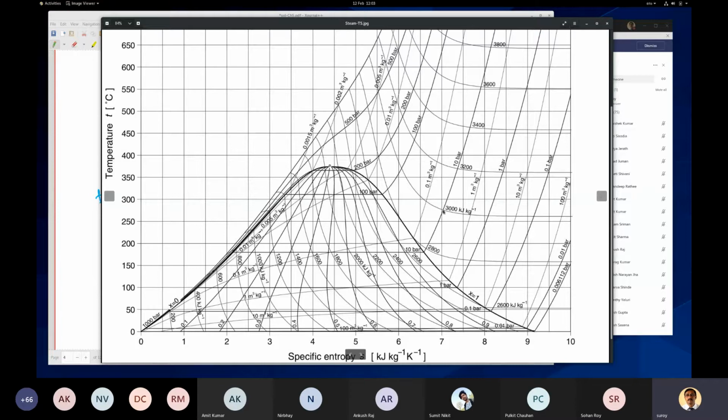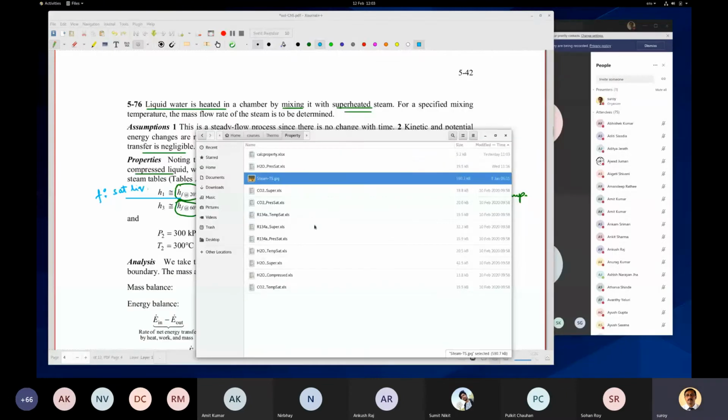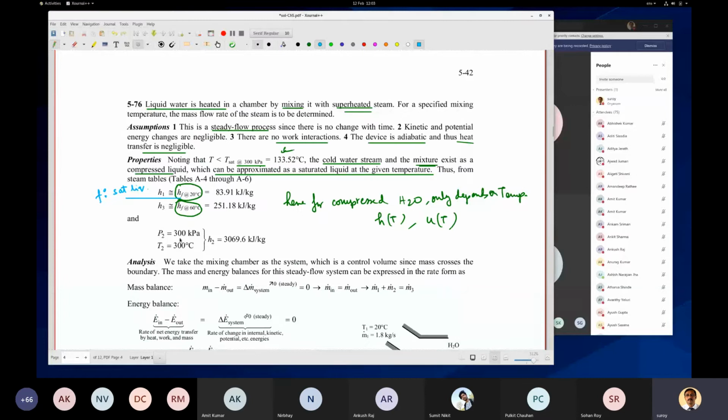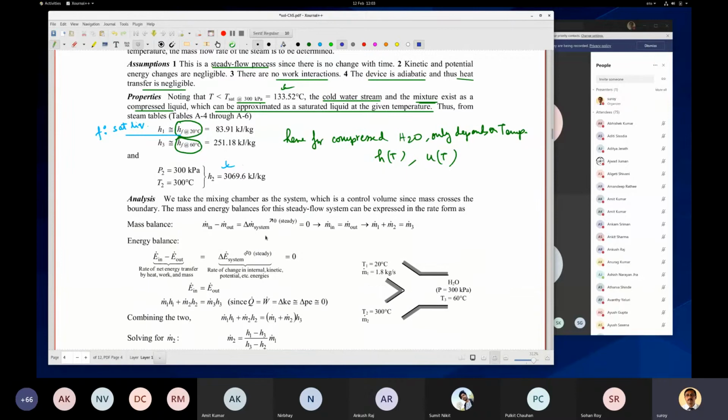Pressure and temperature given means you get the enthalpy. So here you can calculate the property because it is unique. It is a question of finding out the property.